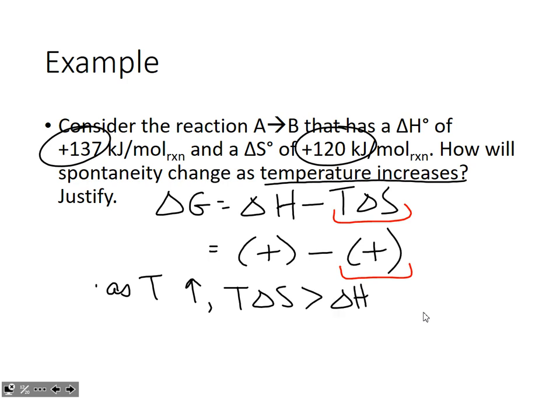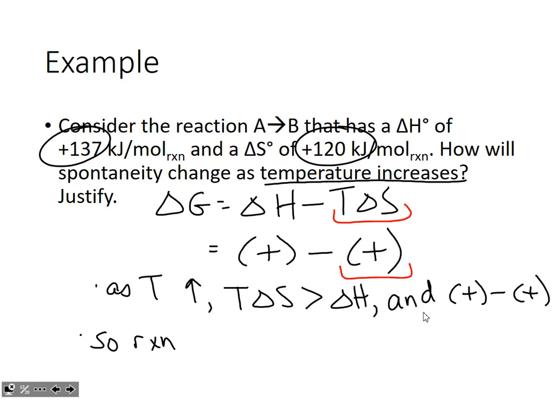The magnitude of this second bit will become larger than the first bit. And we have a positive minus a positive. So the reaction, for that reason then, as the temperature increases, as the second bit becomes increasingly large, then it will become larger than the first bit, and the second bit will now be the negative thing.